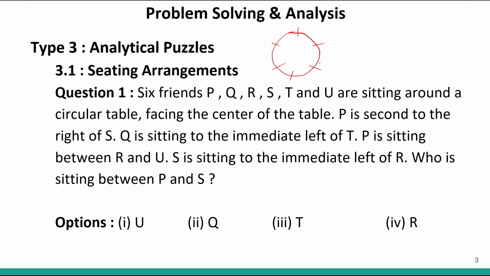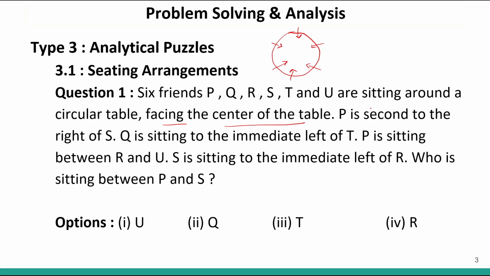If it is not mentioned, only if it is mentioned very specifically that they are not sitting equidistant do we assume that they are sitting in a different manner. Otherwise, in each seating arrangement question, we assume that they are sitting equidistant from each other. Now, each of them is facing the center of the table. So, each of them is facing the center. So, this is the direction.